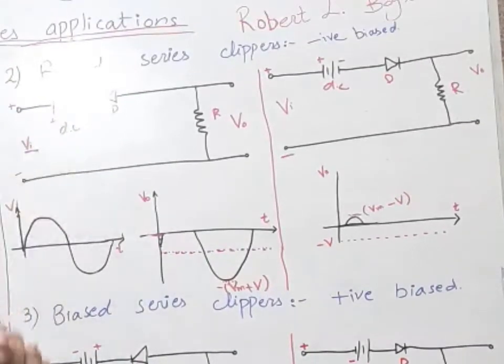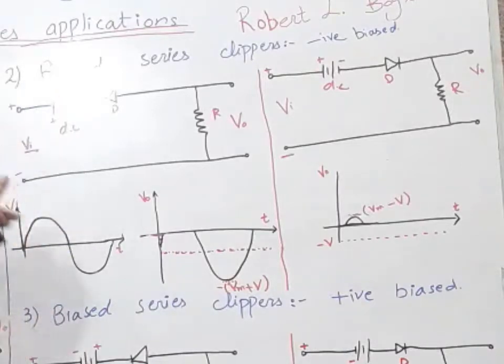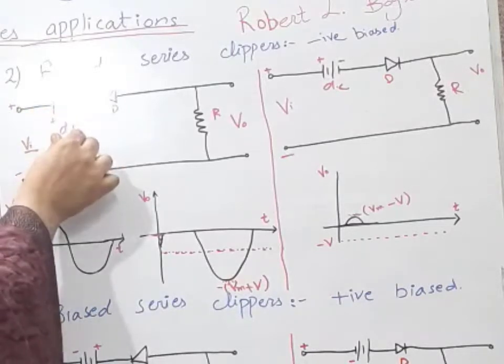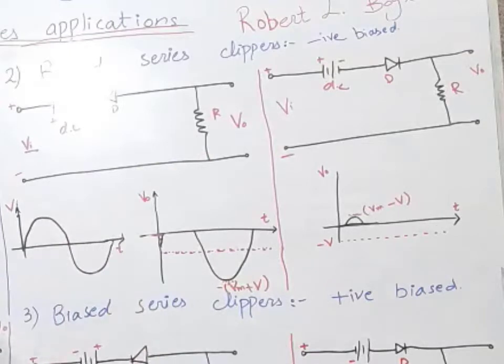This biasing is in the form of DC. This is our DC battery source, this is our diode, and this is the load resistance R. We will apply the waveform here.